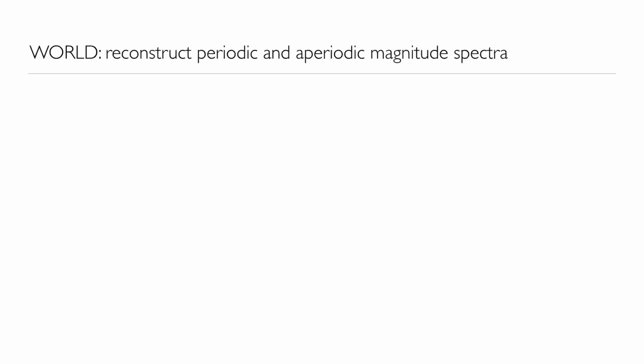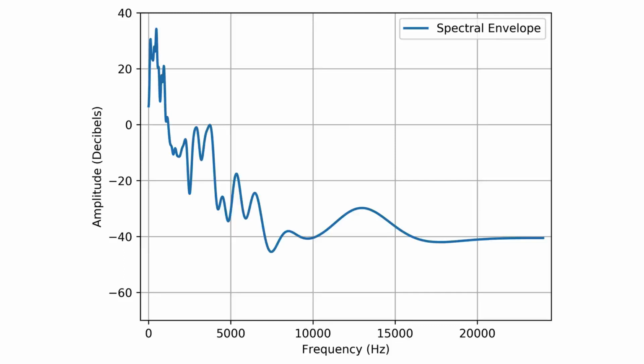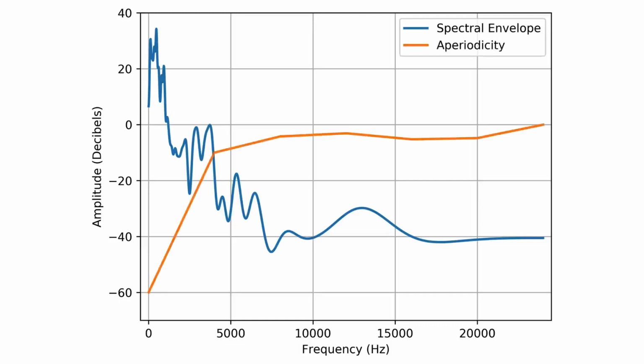In that way we have the spectral envelope at the pulse location. Once we have it, we need to reconstruct the periodic and the aperiodic spectral envelope. The blue line is the spectral envelope, and we also have the aperiodicity. These two features are the input of the synthesis module of the vocoder.